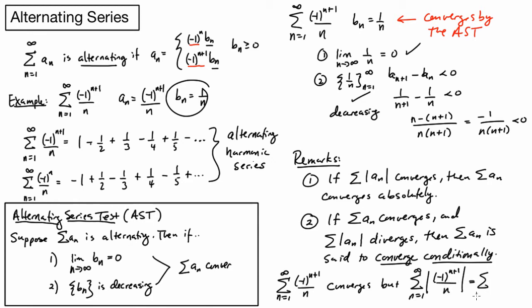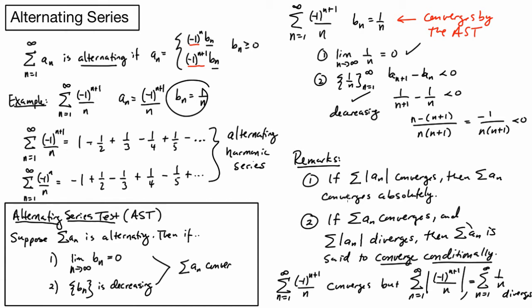You'll just get 1 over n, you'll just get the bn back, and this series diverges. So since the original series converges, but the absolute value series diverges, that's an example of conditional convergence, or it converges conditionally.